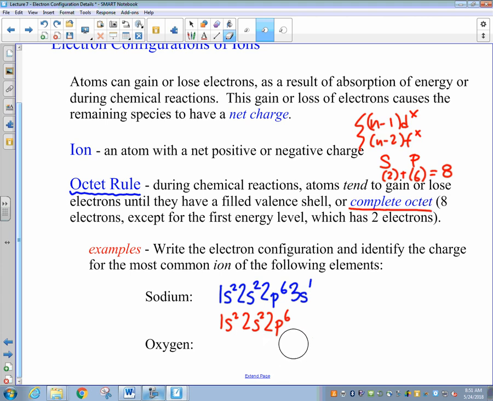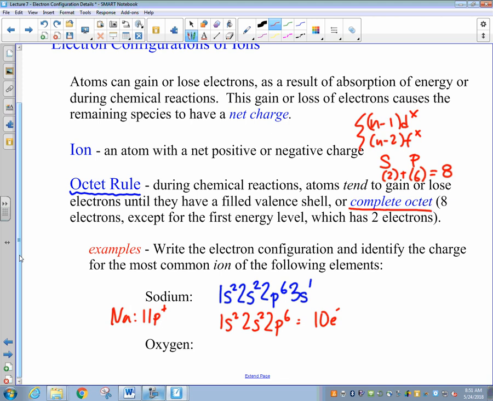And in looking at this now, sodium, which had a total of 11 protons, as an ion has now formed an ion with a total of 2 plus 2 plus 6 for 10 total electrons.